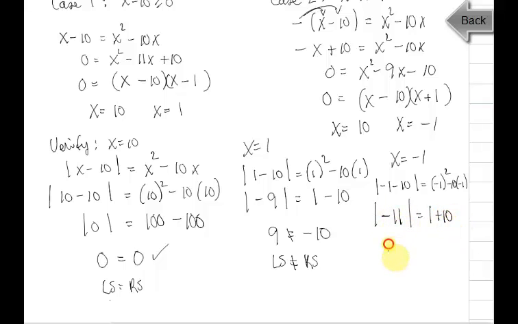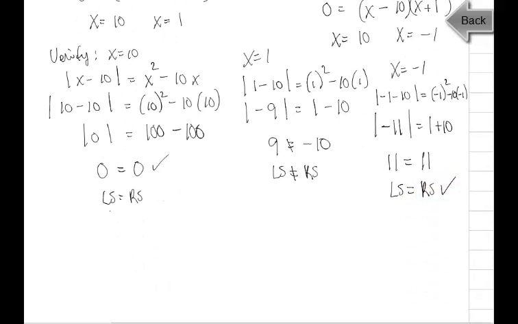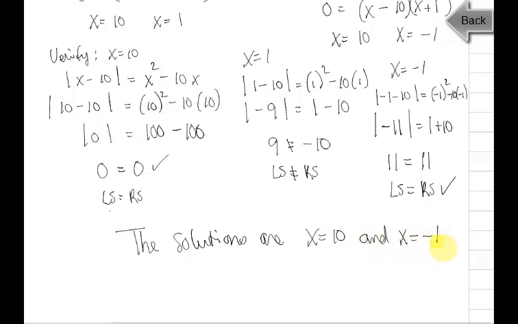Absolute value of negative 11 is 11, and 1 plus 10 is 11, so we get that the left side is equal to the right side, so that one works. Okay, so our solutions are x equals 10 and x equals negative 1. And we have finished this section.